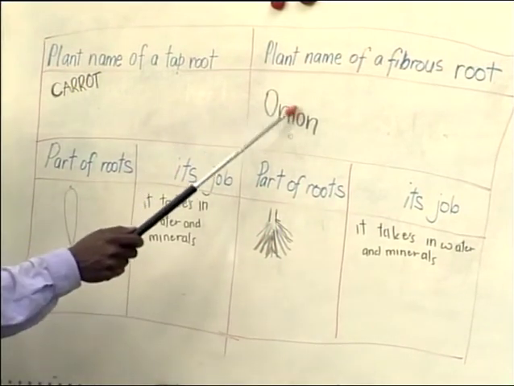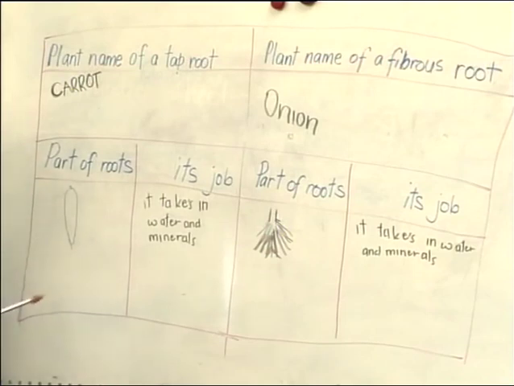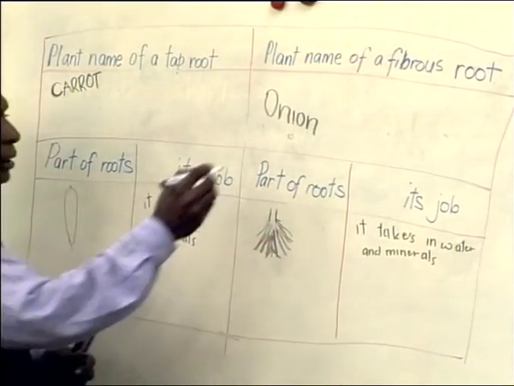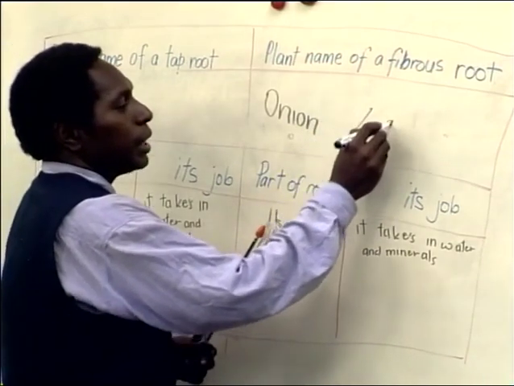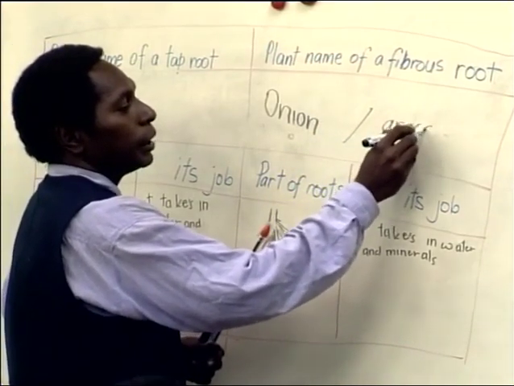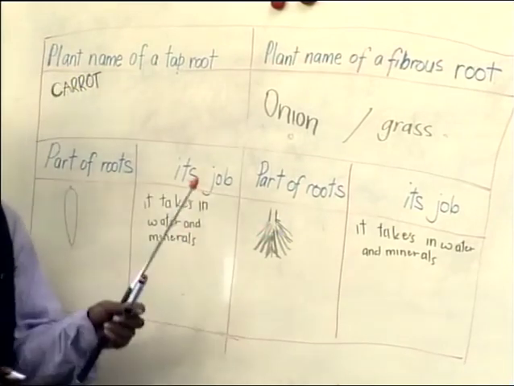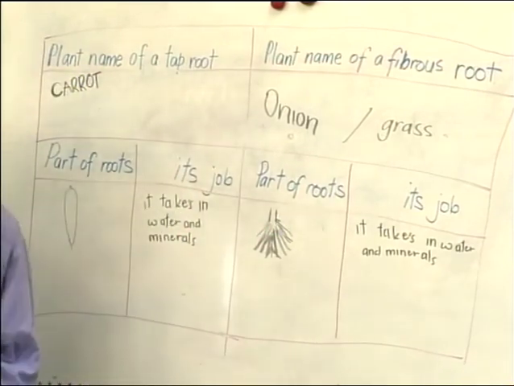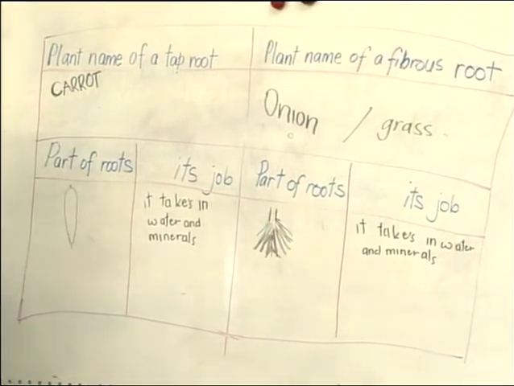If you put down grass here, you are still correct, because grass also has a fibrous root system. So grass is correct, or any plant that has many roots.